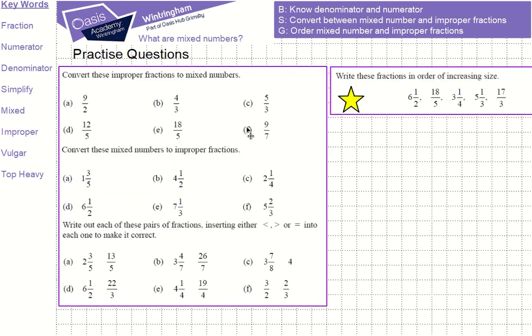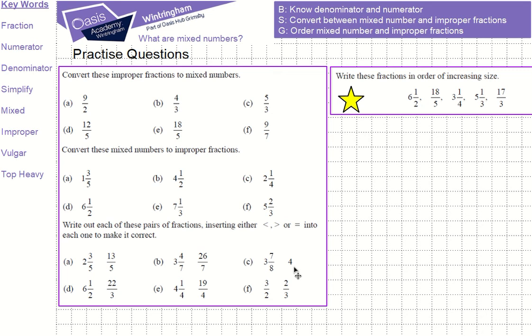Here we go. So we've got the first set of questions will relate to the first example that I talked about on the last screen. The second set of questions here in the middle will talk about the second example that I talked about. And this third set of questions, I didn't talk about an example, but what you're going to have to do is convert both of them into improper fractions or mixed numbers and then compare them.